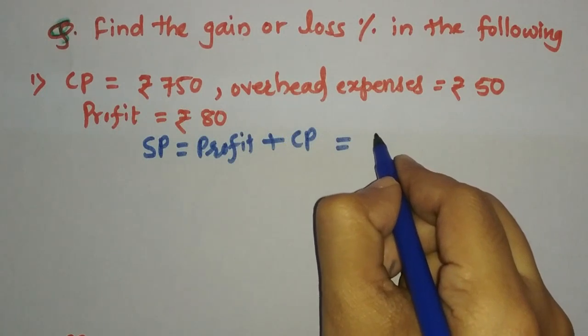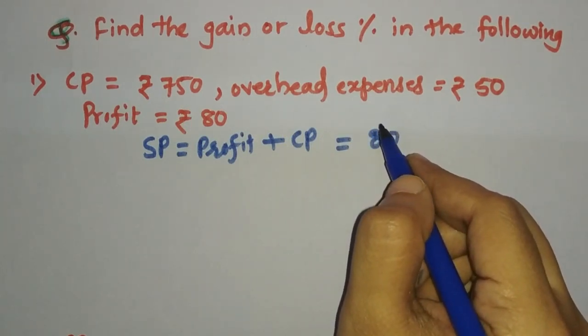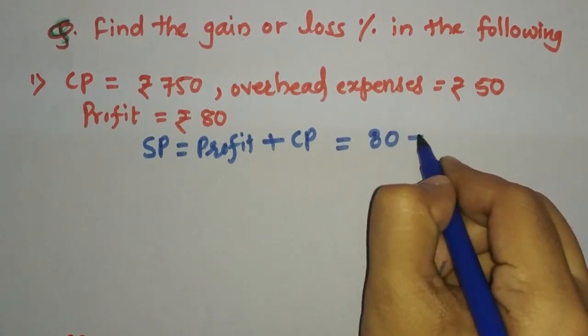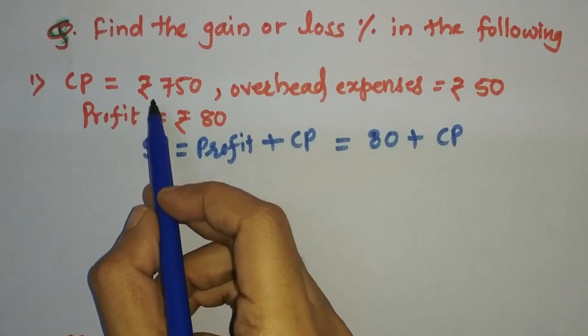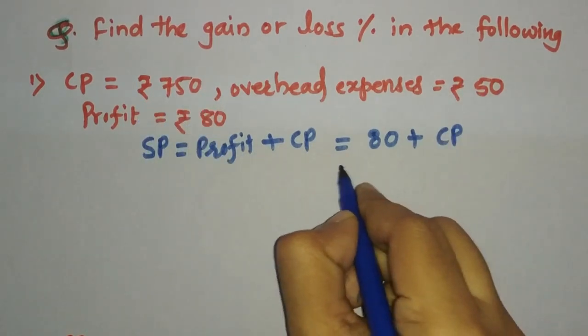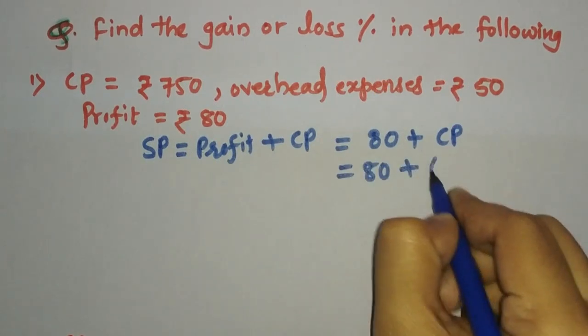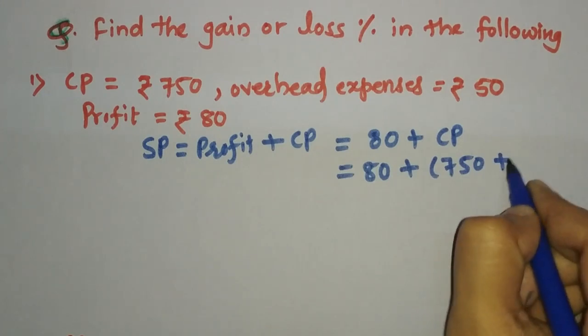Profit is rupees 80 and we need to add this to the cost price, and the cost price we are going to get by adding this 750 and rupees 50. So we'll write 80 plus this 750 plus this 50.